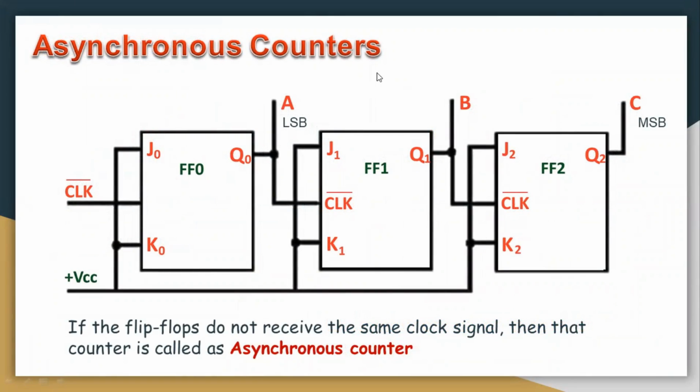This is the logic diagram of asynchronous counter in which we are using 3 flip-flops and the clock is connected to the first flip-flop and the clocks to the other 2 flip-flops are the output of the previous flip-flop as shown in the figure. So if these flip-flops do not receive the same clock signal, then it is called asynchronous counter.